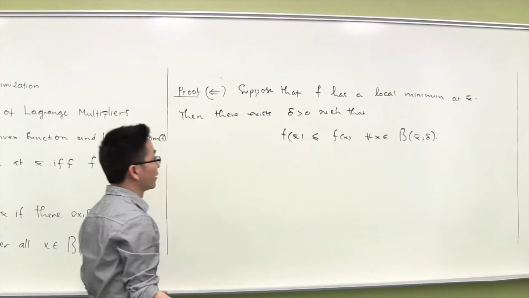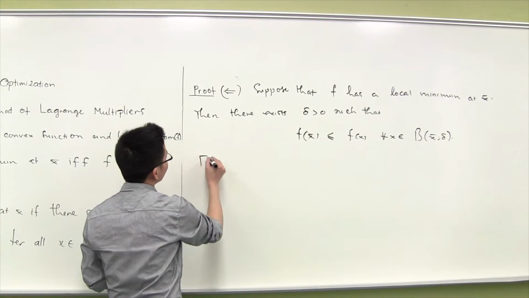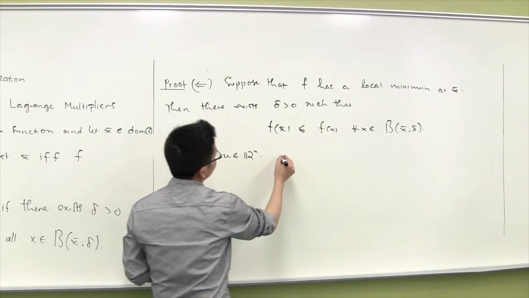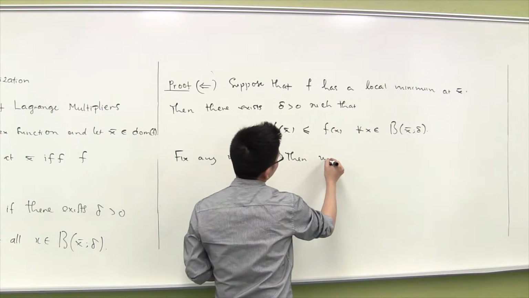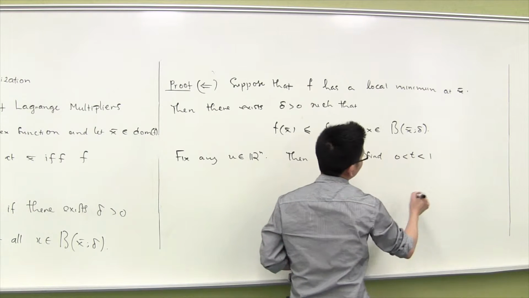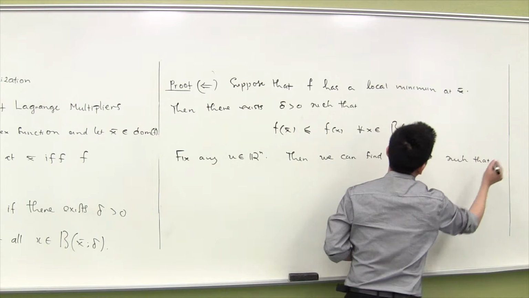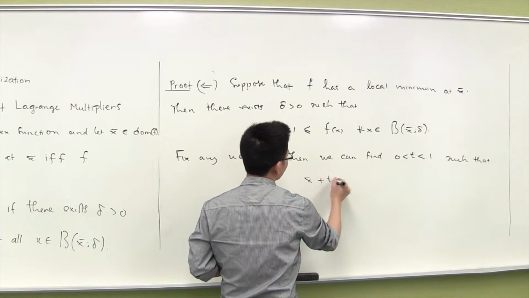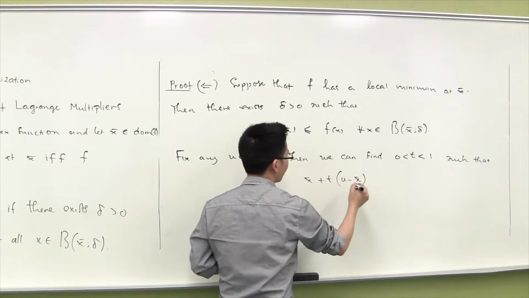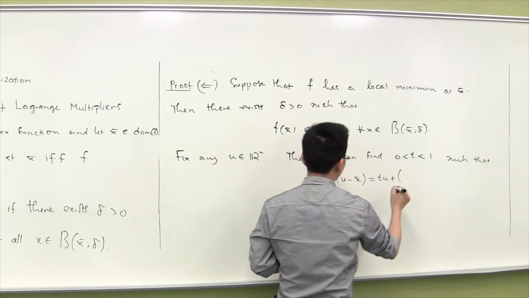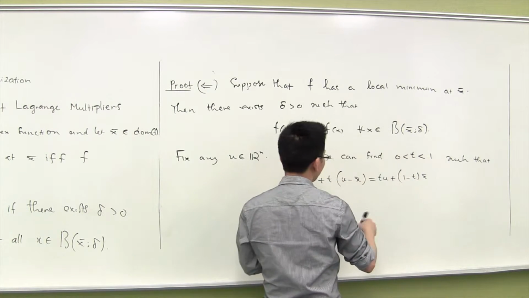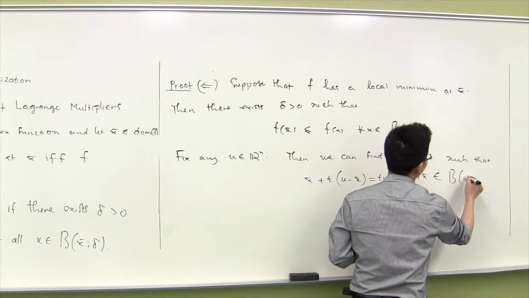Okay. Now let us fix any u in Rn. Then we can find t greater than 0 and less than 1 such that x bar plus t times (u minus x bar), which is just t times u plus (1 minus t) times x bar, is in the ball with center at x bar and radius delta.